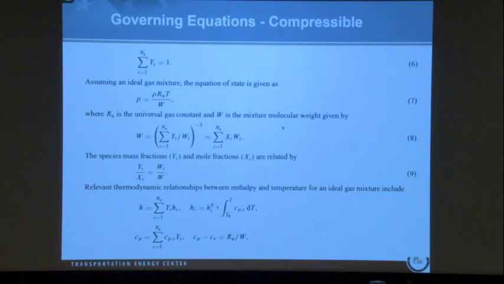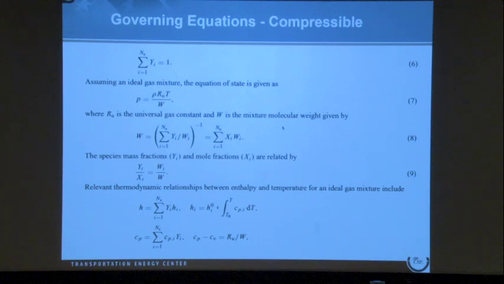And then below here, I've written some of the relevant thermodynamic relations between enthalpy and temperature for an ideal gas mixture, where the mixture enthalpy is the sum of the species enthalpies weighted by their mass fractions. And the species enthalpies have both a sensible as well as a chemical component.